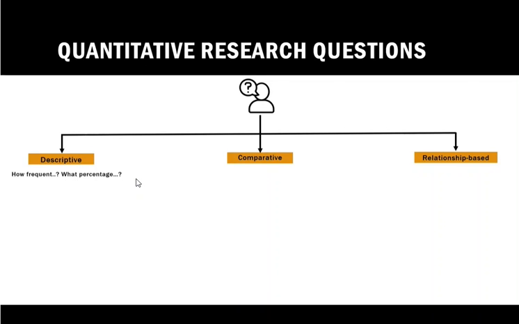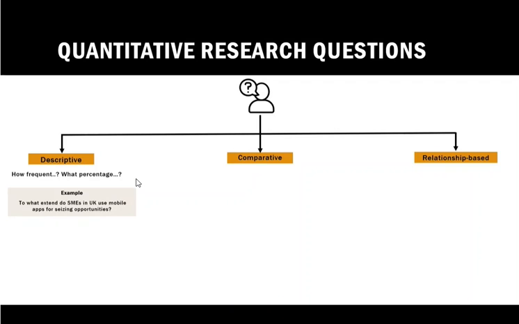So you have a lot of freedom, but that is not exactly the case in quantitative research because there are boundaries, yes, that you need to work within, certain defined ones, and one of those boundaries is the fact that you need to be clear. So your description is not just an open loop description. In a quantitative study, your description has to be specific. So when you're saying descriptive, you need to say how frequent, what percentage, what relationship, and all that.